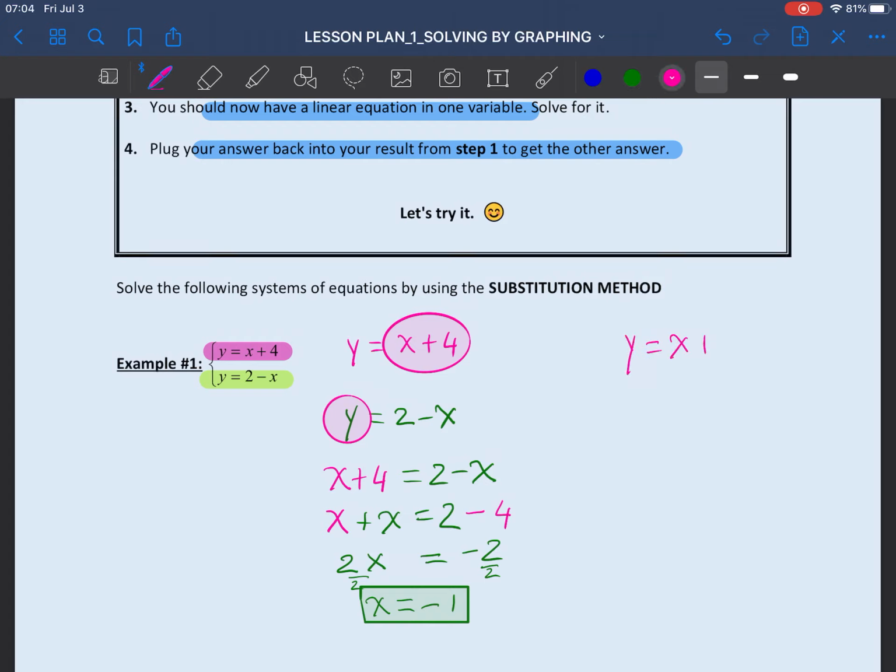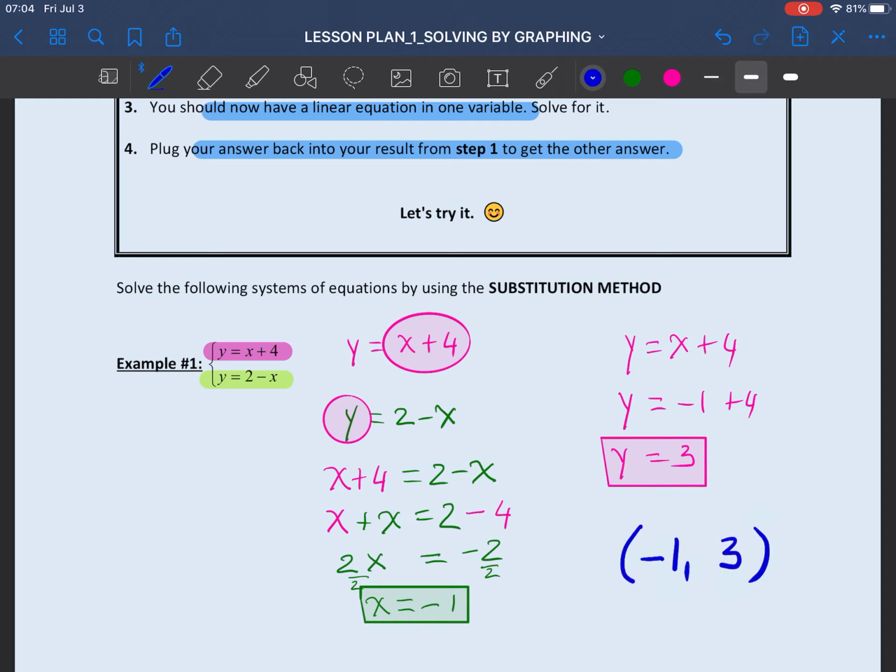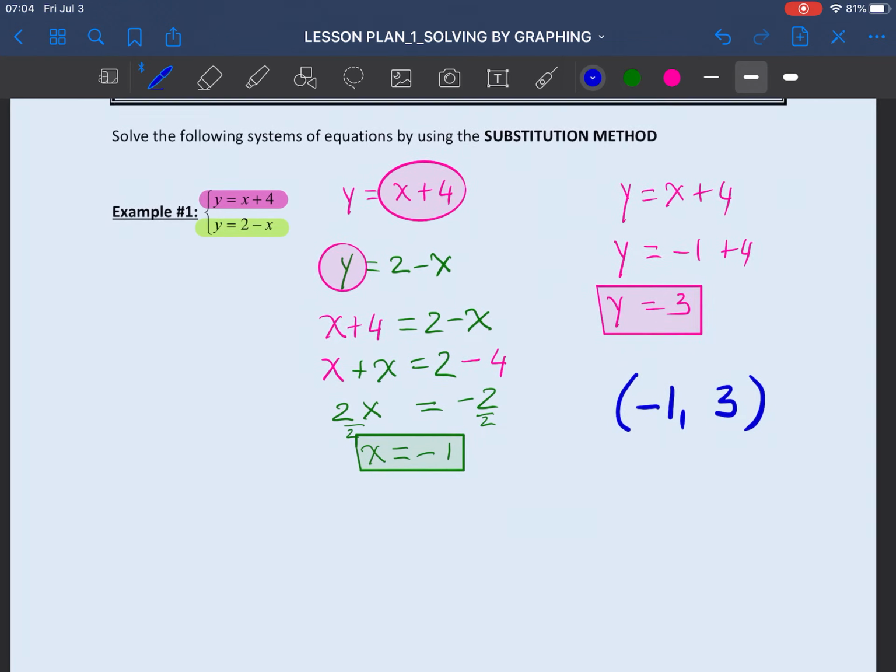So y equals x plus 4 changes to y equals negative 1 plus 4, or positive 3. So this would be the y-coordinate at the point of intersection, or of the solution. So we're going to say that the solution to this system will be x equals negative 1 and y equals positive 3.